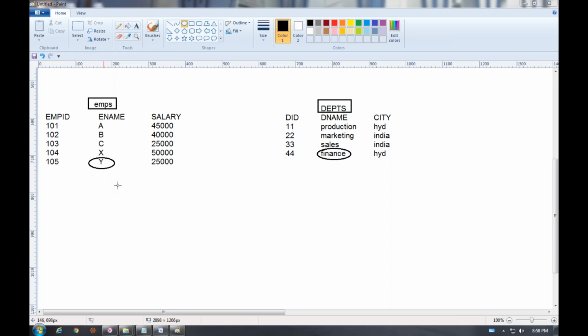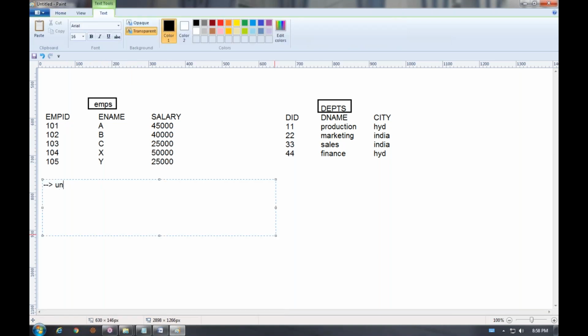See, if there is no relation between tables, we are unable to identify information. What is the information you are unable to identify? Simple. You are unable to access department information of any employee.